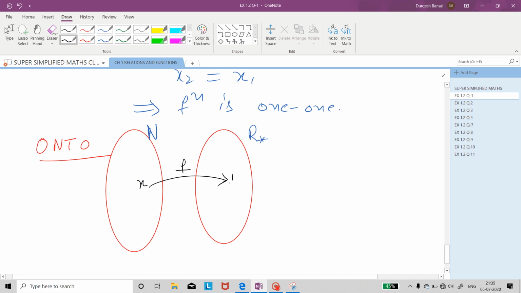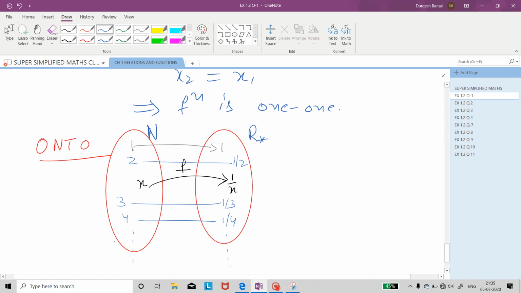Taking the reciprocal of any natural number and giving you the result in R star. Let us take the reciprocals of a few natural numbers. 1, its reciprocal is 1. Then say 2, its reciprocal is 1/2, 3, 1/3, 4, 1/4, and so on. It keeps going infinitely in both the sets.